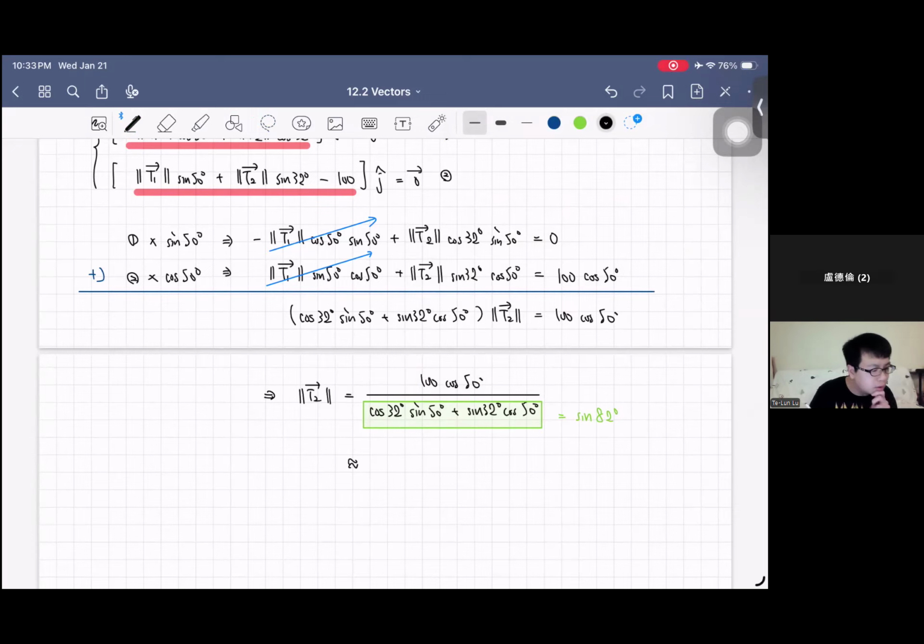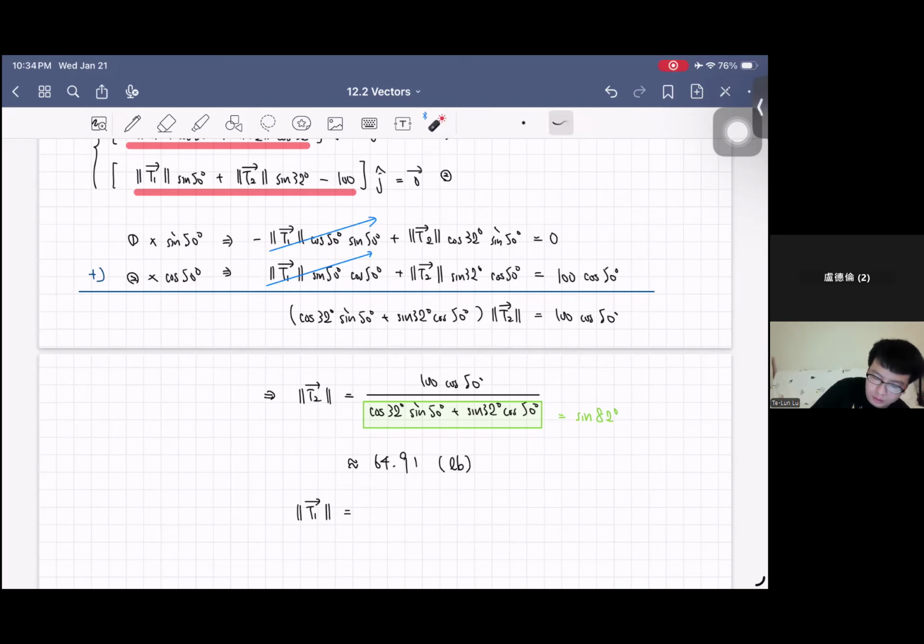This should be 64.91. Okay, our unit should be pound. So tension on the second string is 65 pound. And you can calculate T1 by, say, substituting T1, T2.